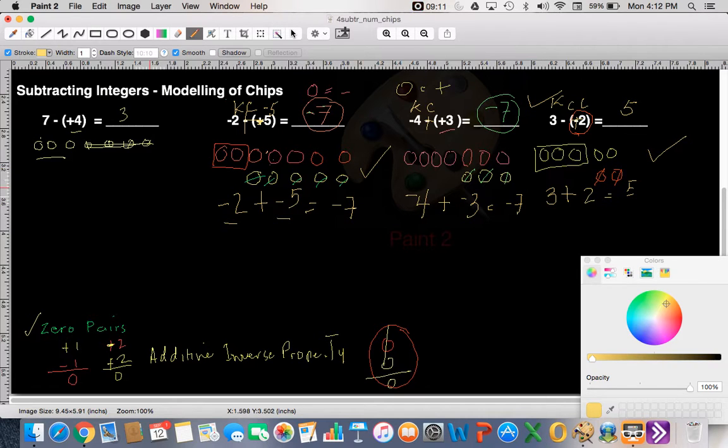Check. If you keep-change this, keep 7, change this to a positive, and make this negative 4. Sorry about that. You have different signed numbers. You will end up with 3. Follow the sign of the higher number, 3. Thank you.